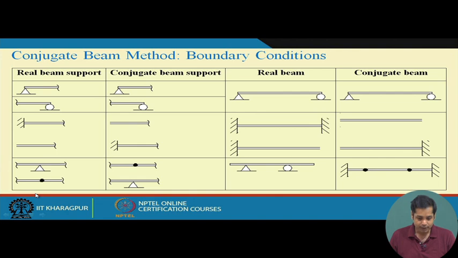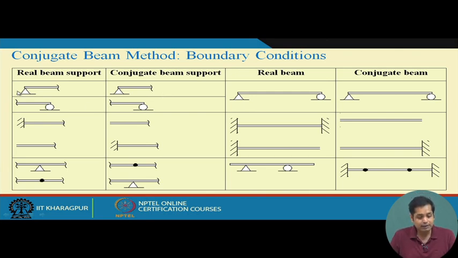Now, what does this support say? This support says that since it is a hinge support, deflection at that point is 0 and slope is non-zero. Now, deflection is related to bending moment in the conjugate beam, and slope is related to shear force in the conjugate beam.